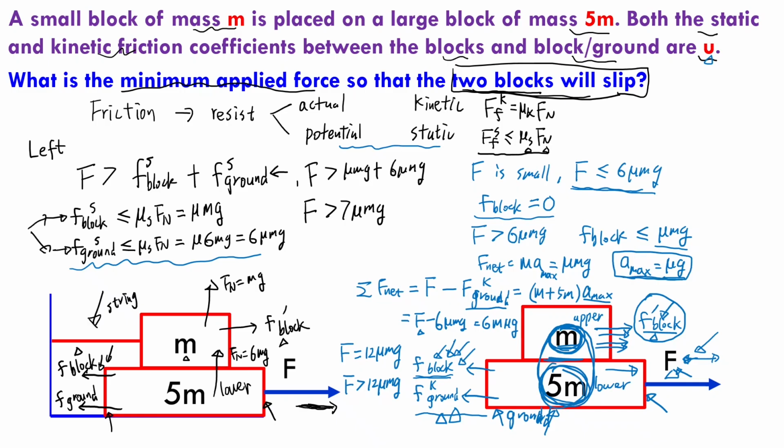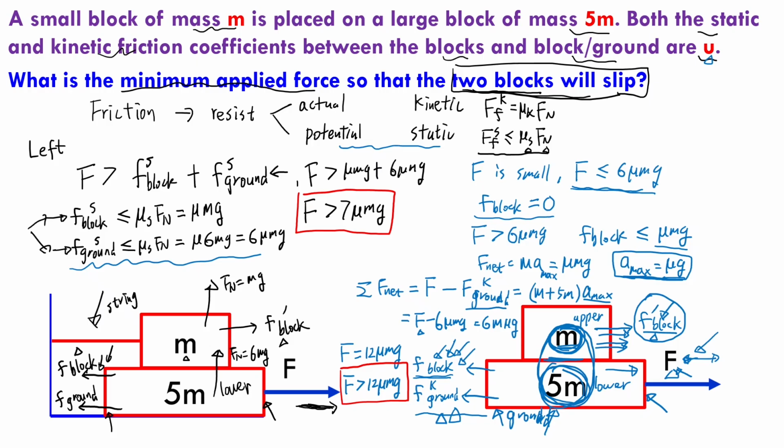They are moving at the maximum acceleration possible without slipping. So for the left system, the minimum force is 7 mu mg, but for the right system, the minimum force is 12 mu mg. Did you get it right?